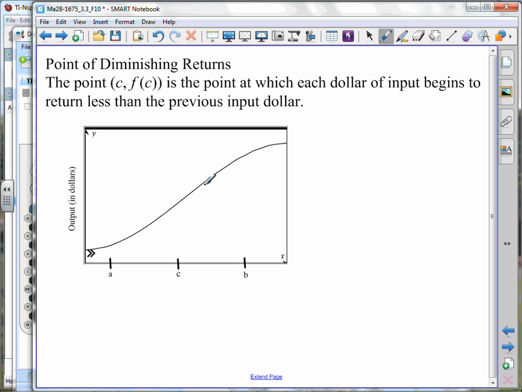Now, what Cole said would be the point at which each worker begins to produce less. Is that what you're saying? Well, if you add more workers on the one task, they do less work per worker. So your input would be the number of workers, and your output would be what?